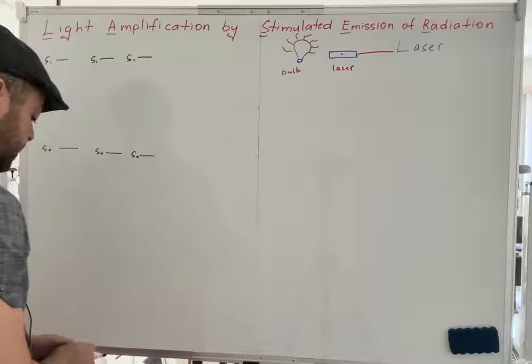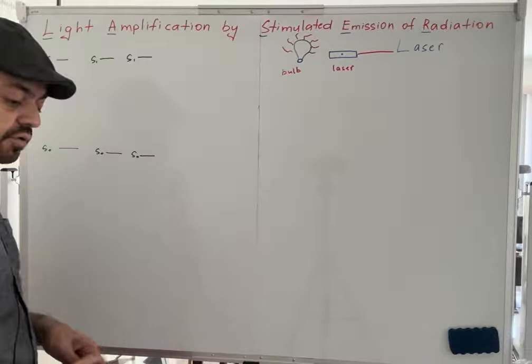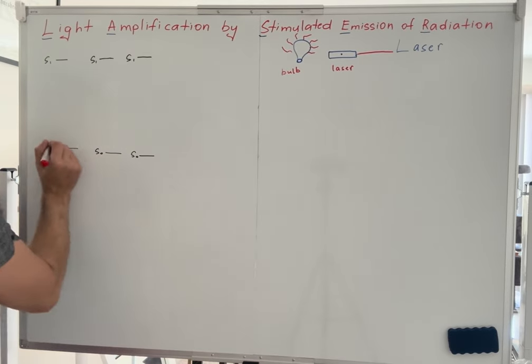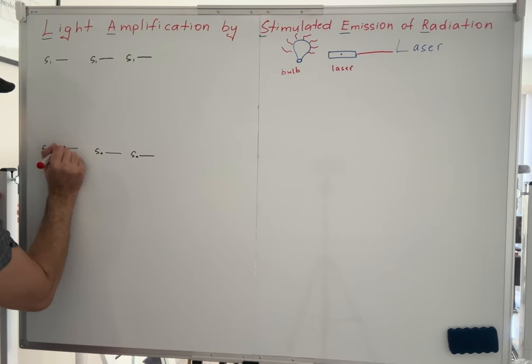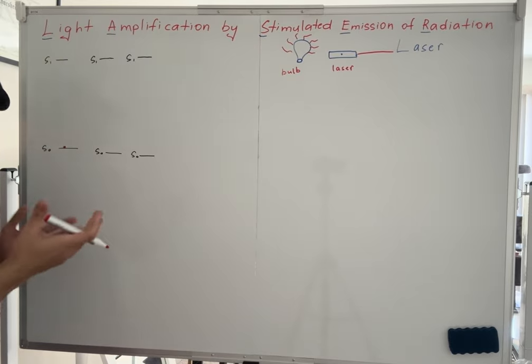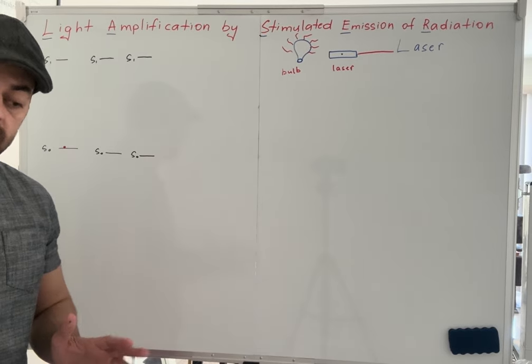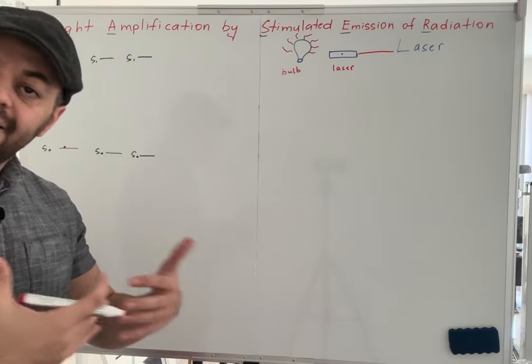So what happens when we have typical molecules or atoms? They stay stable. They are typically in the ground state. So I'm just going to write one molecule here. It's just a molecule on the ground state. It's stable. So what happens when we apply energy?